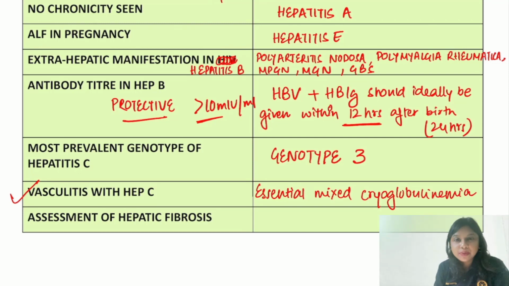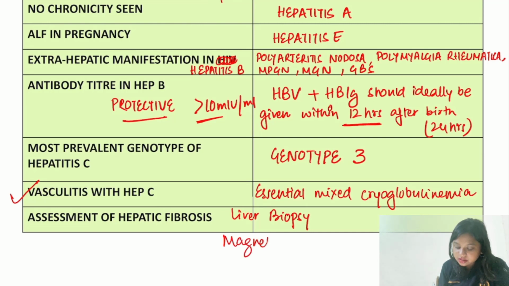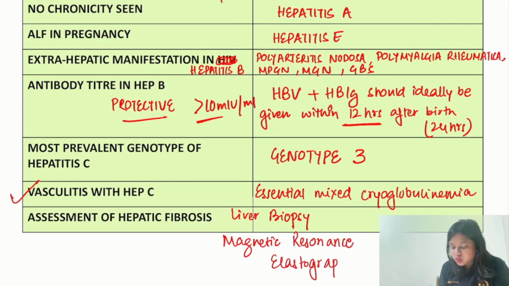How do you assess hepatic fibrosis? Again, the answer is liver biopsy. If liver biopsy is not in the options, then the second best is magnetic resonance elastography. So liver biopsy, if it is not there, the next best will be magnetic resonance elastography.